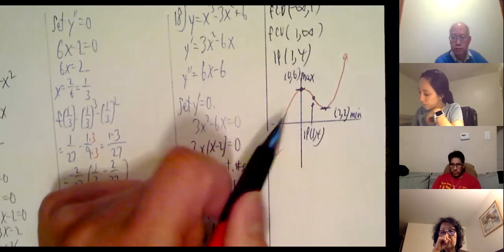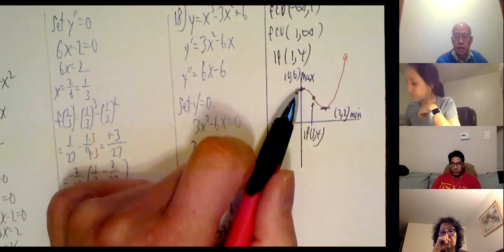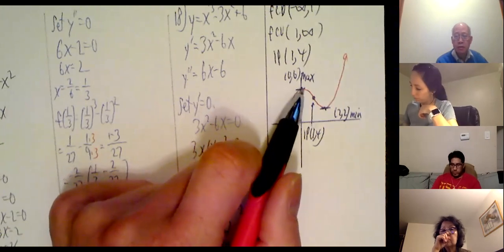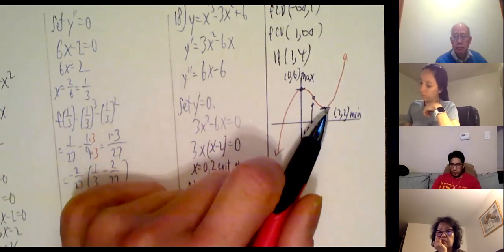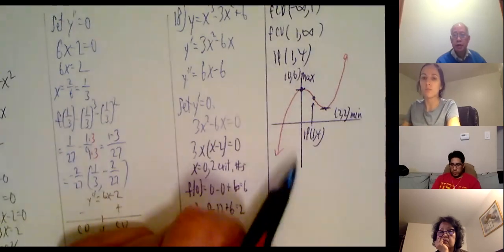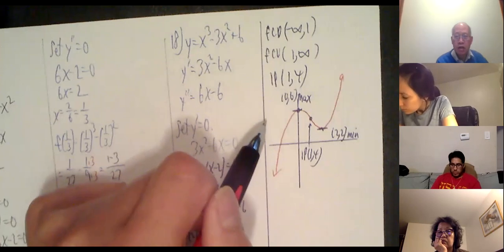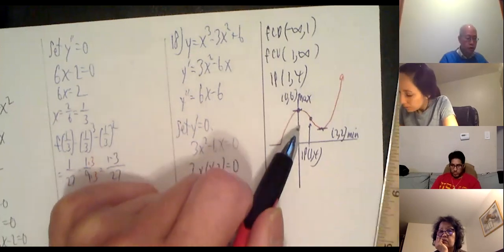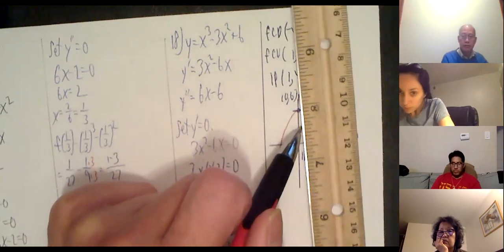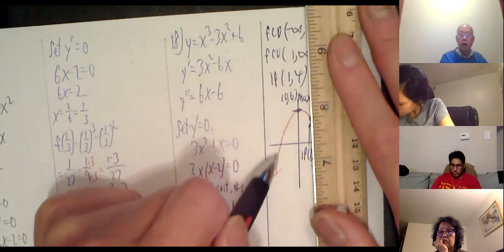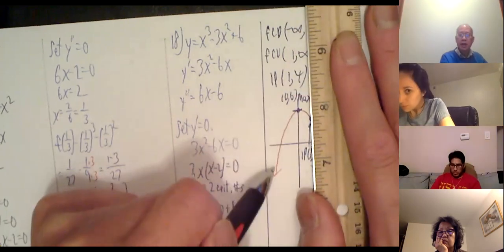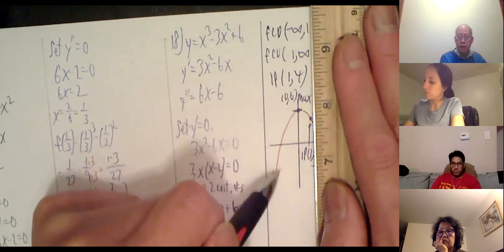So here's the entire graph. Okay. Increasing, maximum, decreasing, minimum, increasing. But it's concave down from negative infinity up to 1. So here's 1. So if I can temporarily cover this. All of this region here, upside down U shape, right?